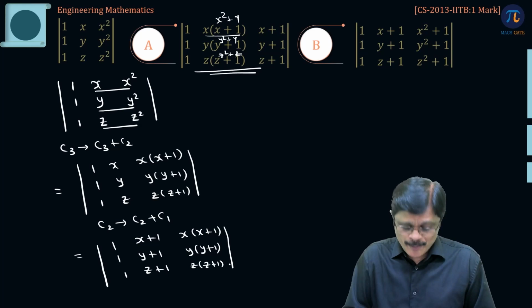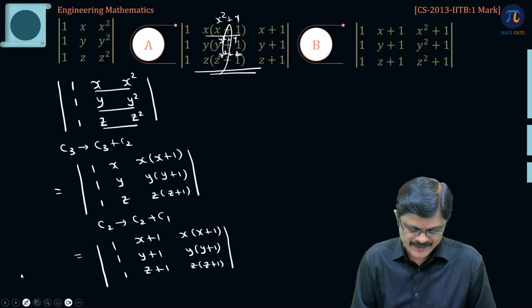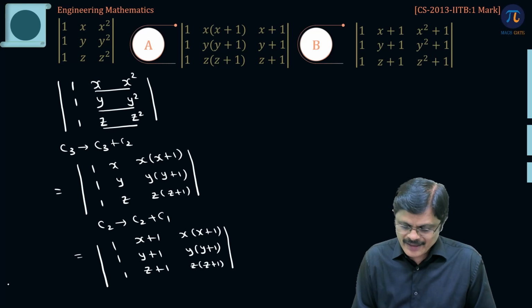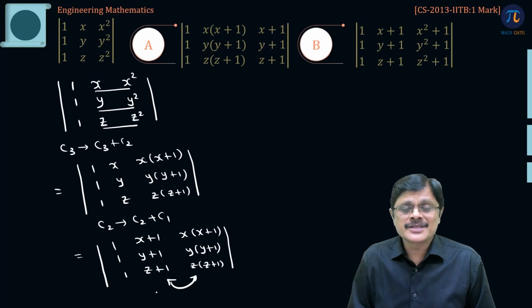But if you observe option A, these two columns were interchanged. If you interchange columns, the determinant sign will change.